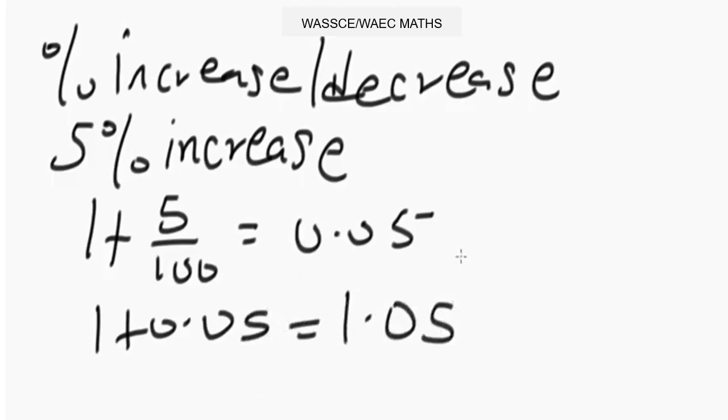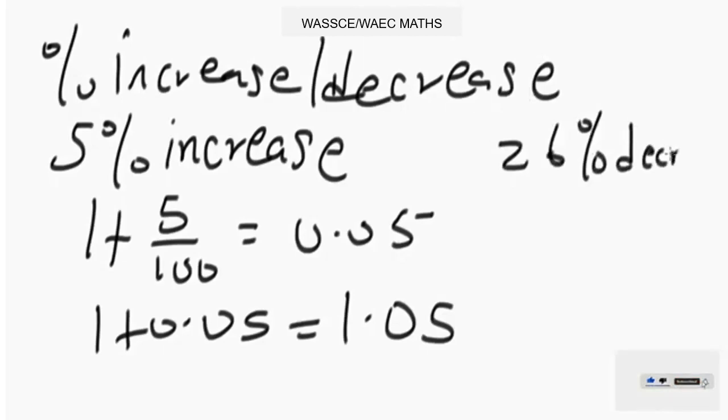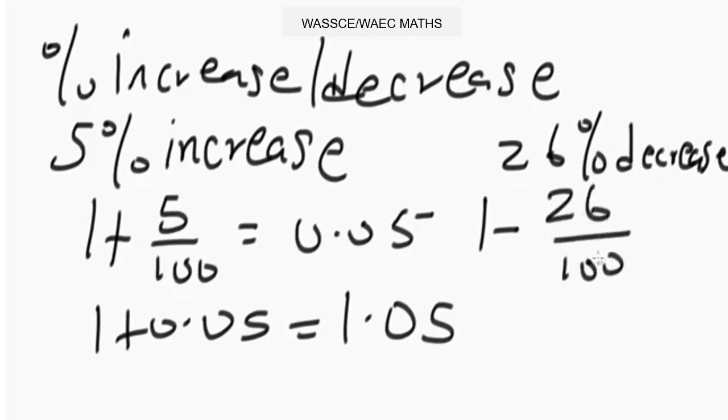Now what if we have something like a 26% decrease in the question? First we find the multiplier. Let's agree that the multiplier in the question is 1. So a 26% decrease of 1 will be 1 minus, since we are talking about decrease, 26/100.